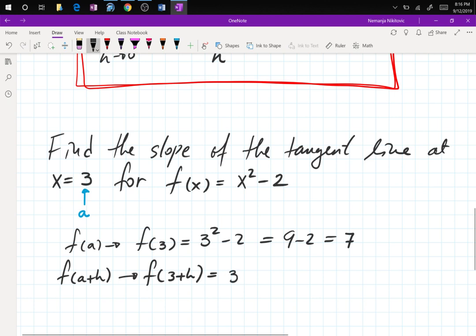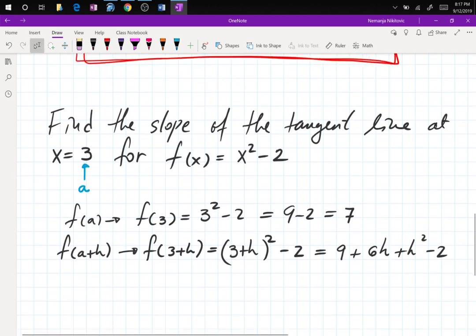That's going to be (3 plus h) squared, minus 2. So now you have to square it and work it out. 3 squared is 9, plus 6h, that's your middle term, plus h squared, minus 2. So this one is equal to 7 plus 6h plus h squared.